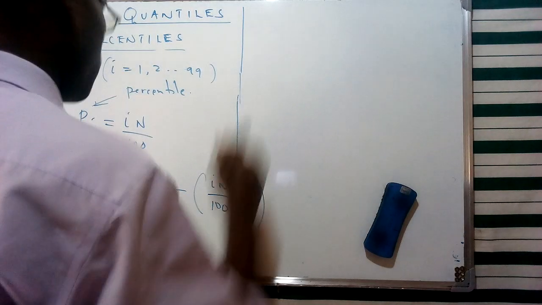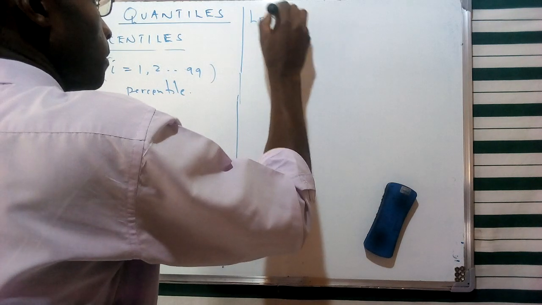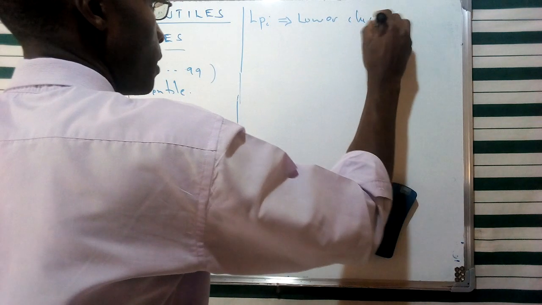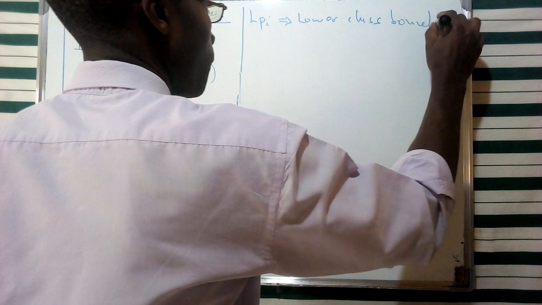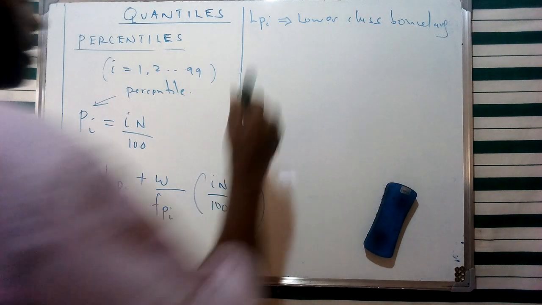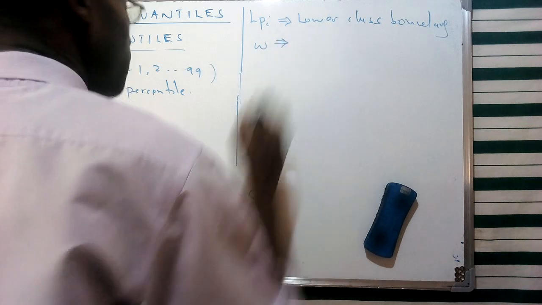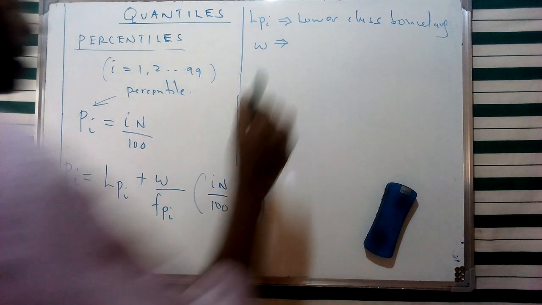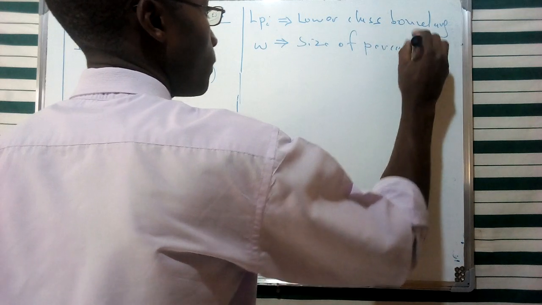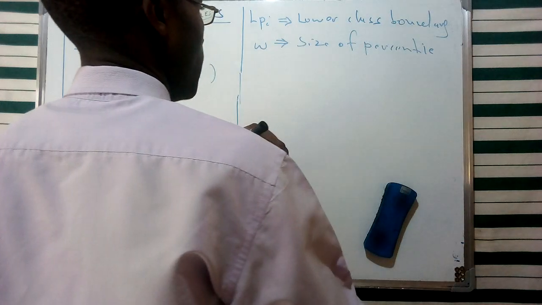Then we have the lower class boundary of the percentile class, and W representing the size of the percentile class.